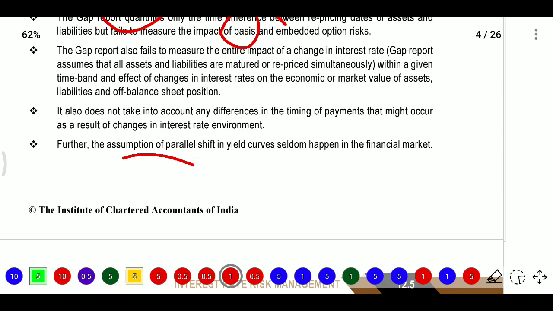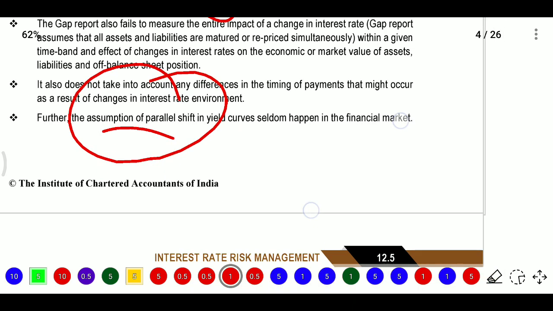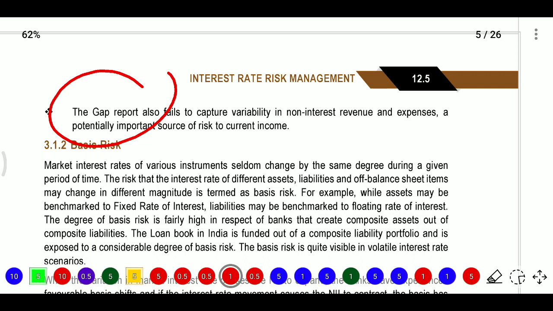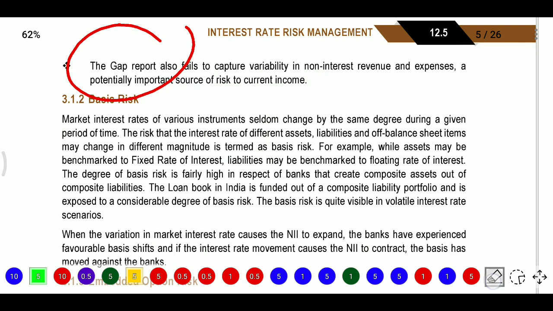Next, the gap report also fails to capture variability in non-interest revenue and expenses, a potentially important source of risk to current income. Now, what is basis risk?